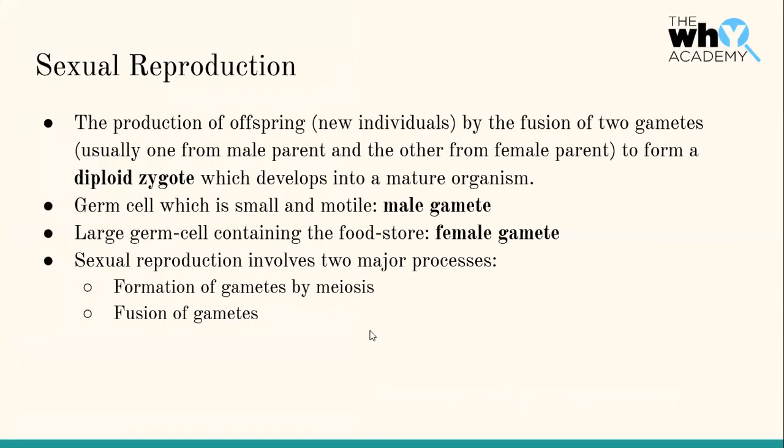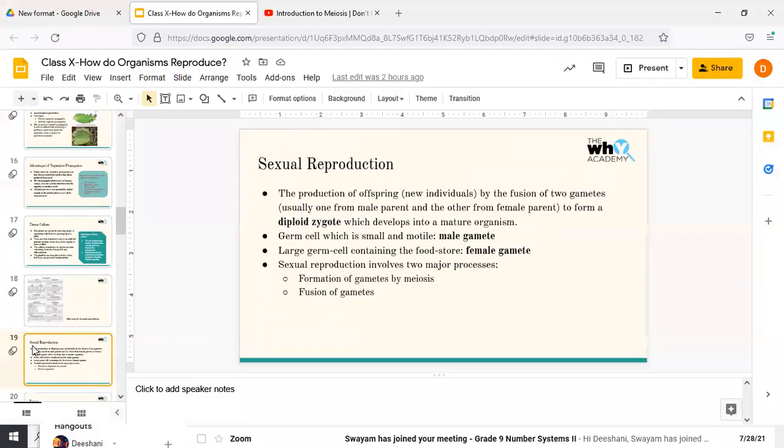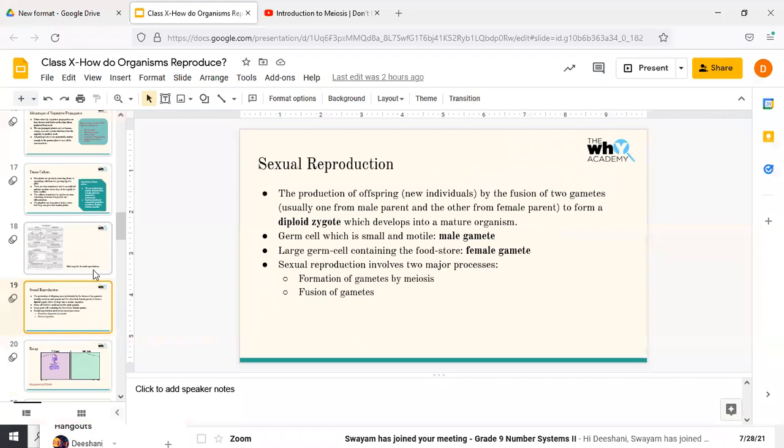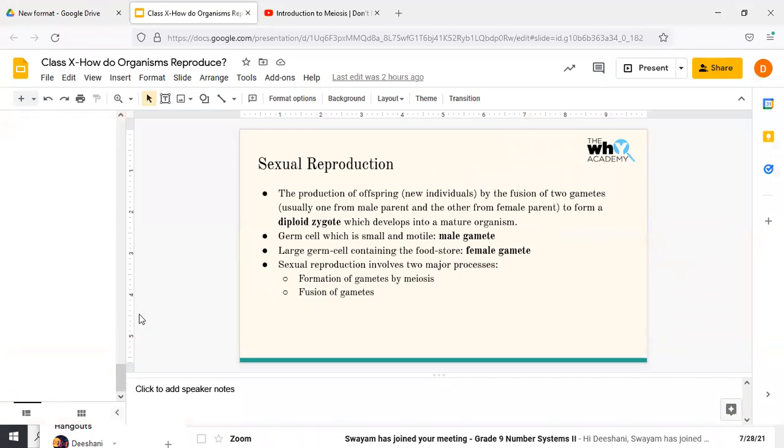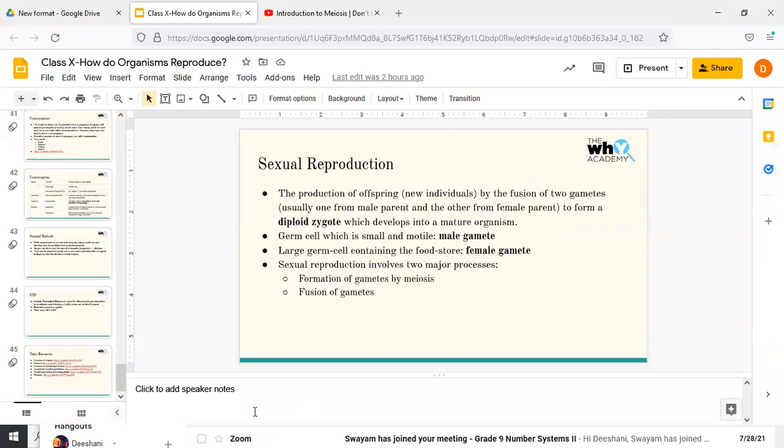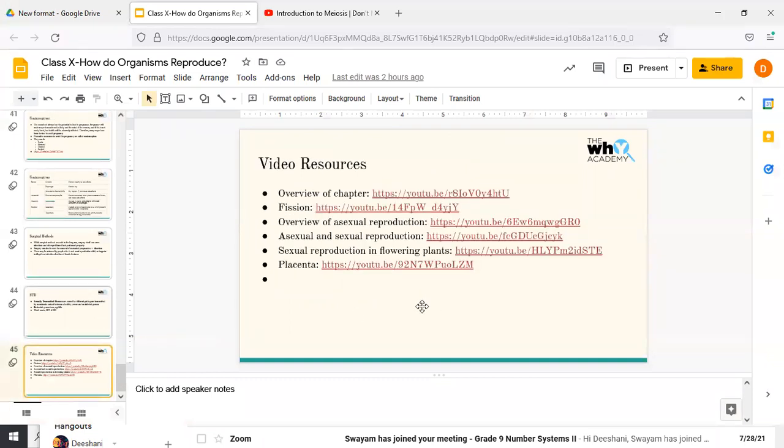And we have, oh, I thought I had a video. Wait, let me see. Where did I put that video? I had a video for asexual reproduction. Let me just check. Ah, here it is. Okay.